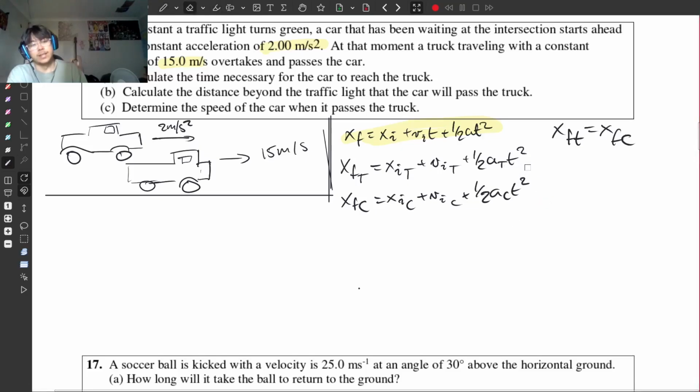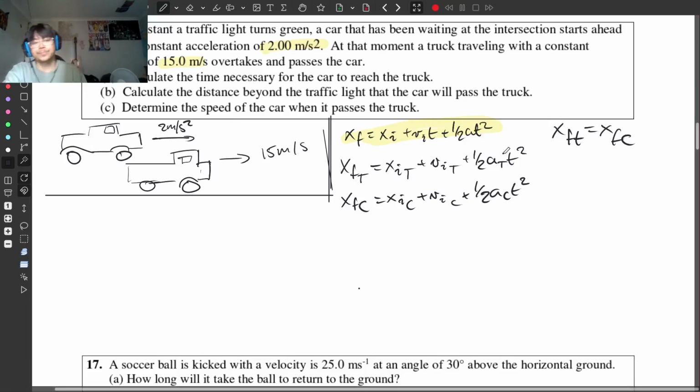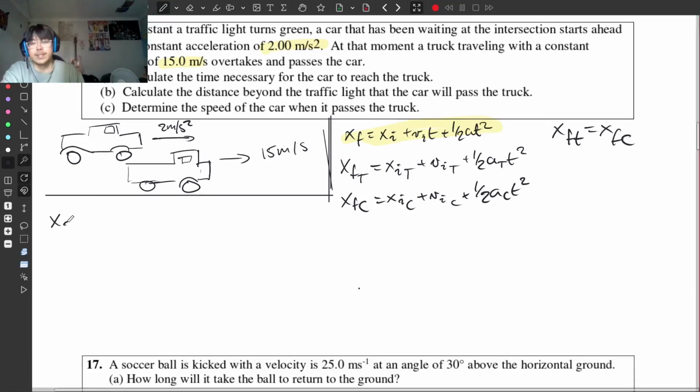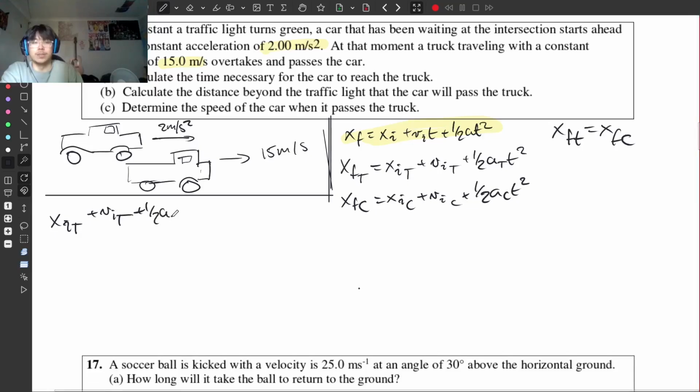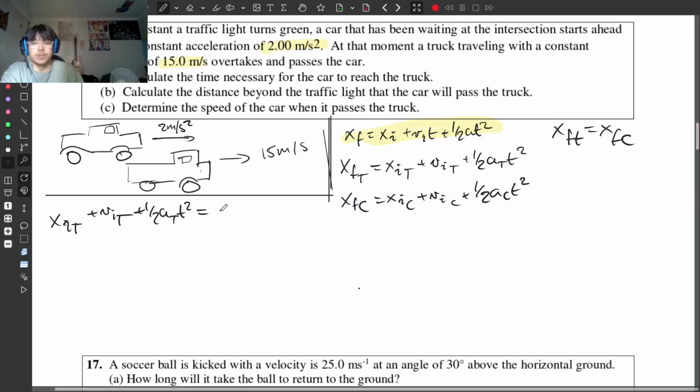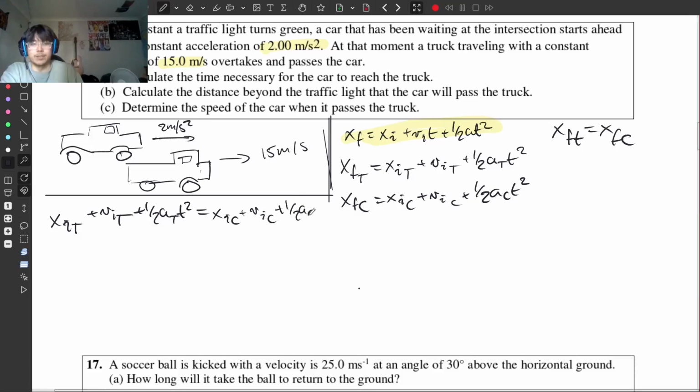Now, to do that, we just apply this. What we find is xi of the truck plus vi truck t plus 1/2 a truck t squared is equal to xi car plus vi car t plus 1/2 a car t squared.